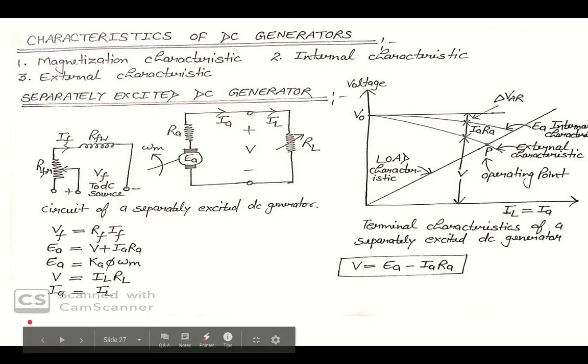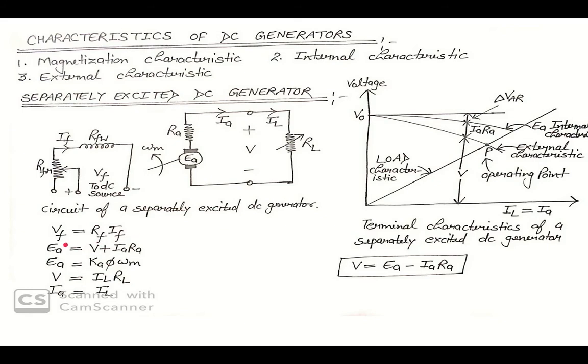Now on the basis of this circuit diagram, we have equations. Vf equals Rf If, as you know V equals IR. Now Ea equals V plus Ia Ra, because Ea is the generated voltage in the armature.